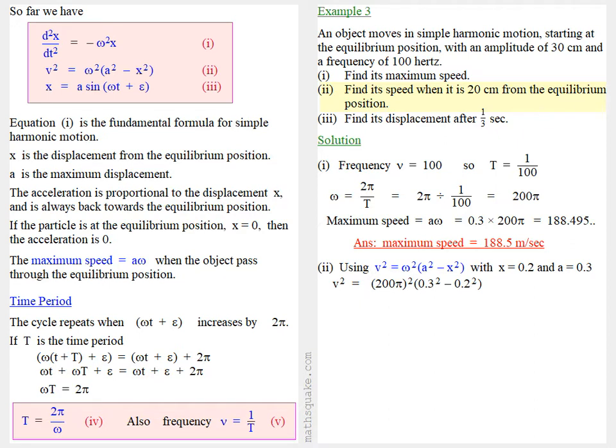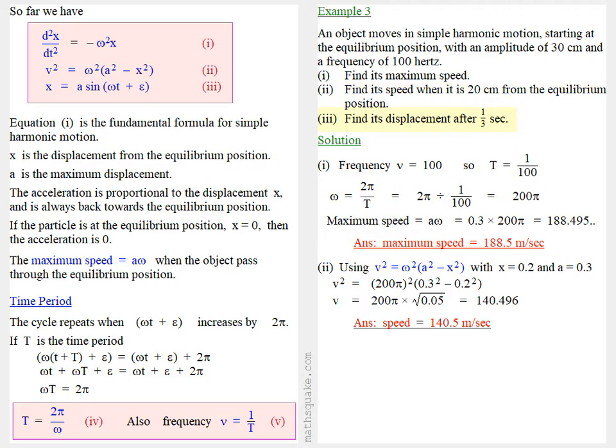Well, 0.3 squared minus 0.2 squared is 0.09 minus 0.04, which is 0.05. And so we have v is equal to 200 pi times the square root of 0.05, which works out to be 140.496. So the speed is 140.5 meters per second.